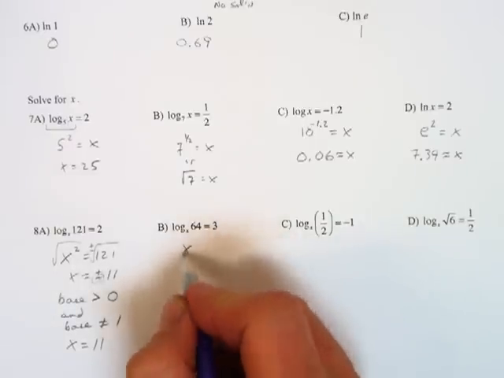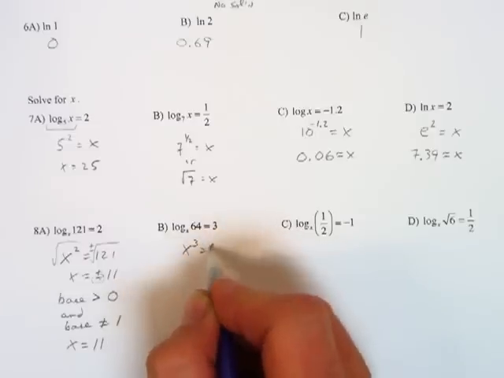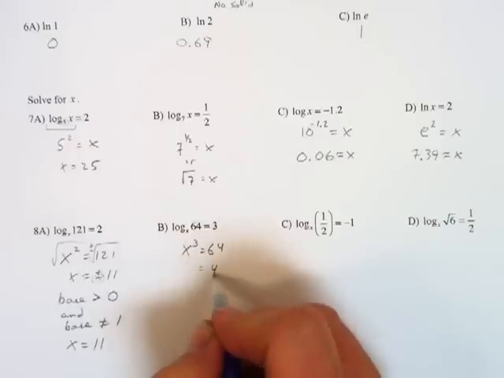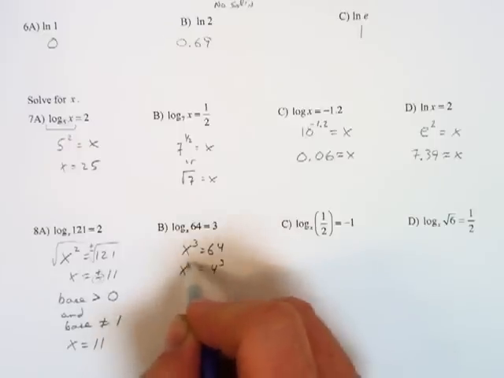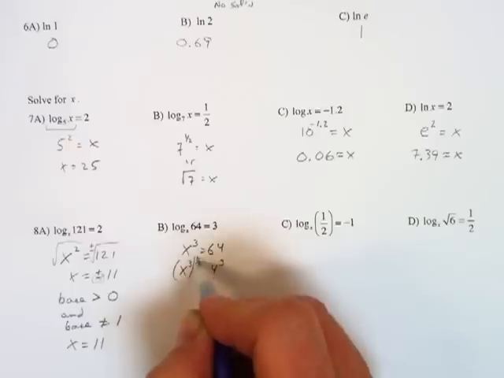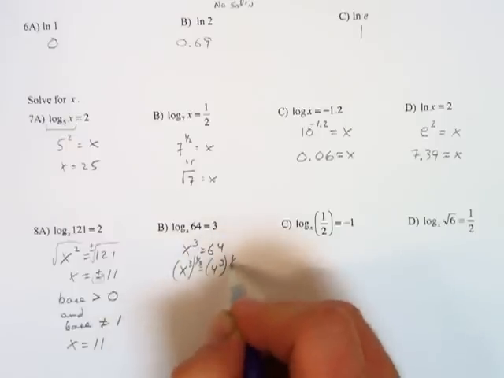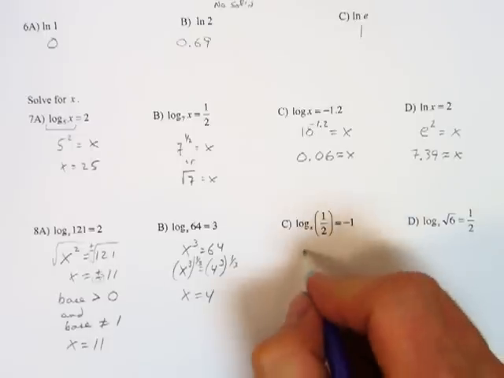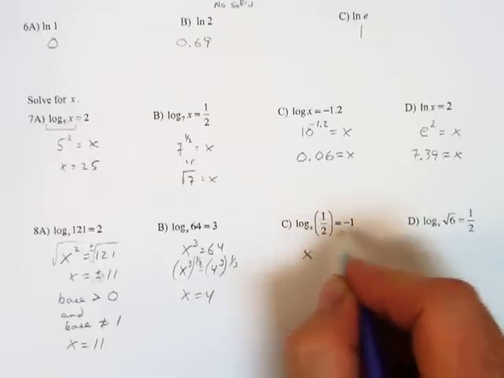Over here our base is x, our exponent is 3 equals 64. That is the same as 4 cubed, our cube root, and we know our answer is x equals 4. This time our base again is x. Exponent is negative 1 equals 1/2.